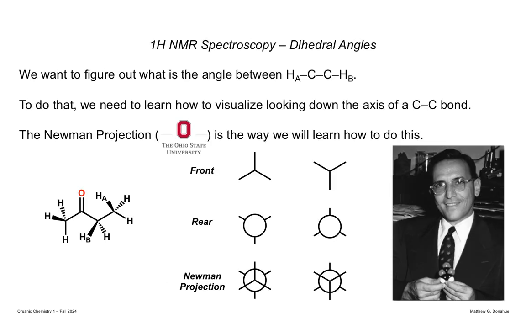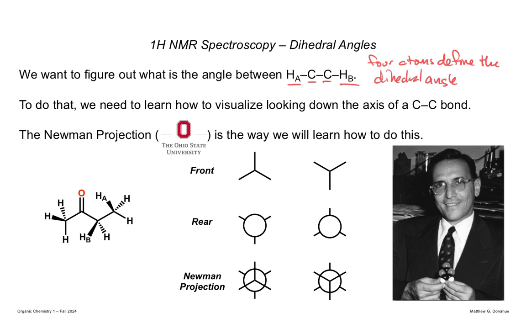So essentially what we want to do is determine what is the angle between the two planes as defined by HA, carbon, carbon, HB. So 4 atoms define the dihedral angle.